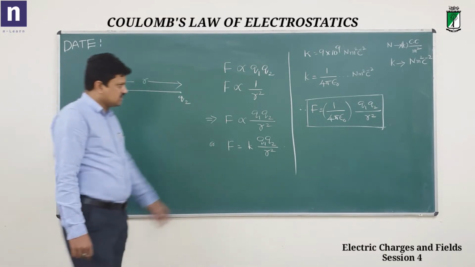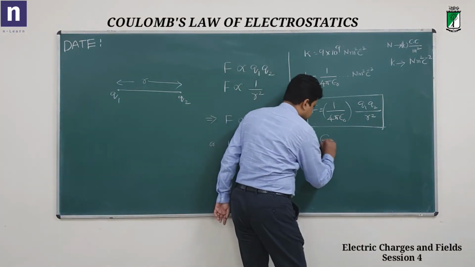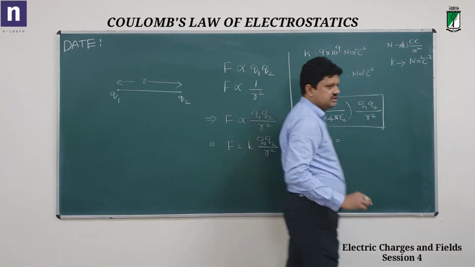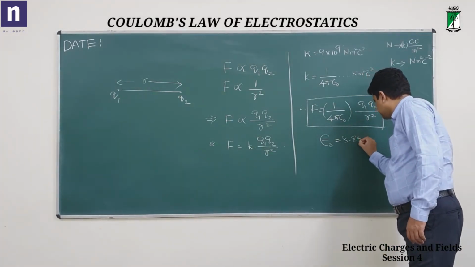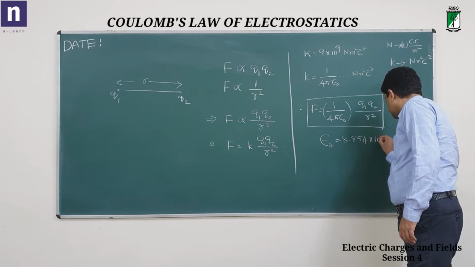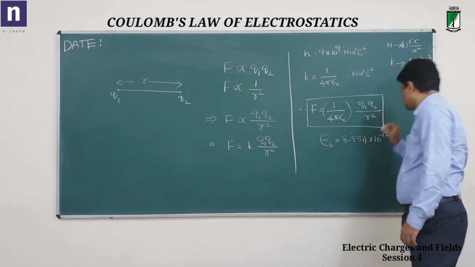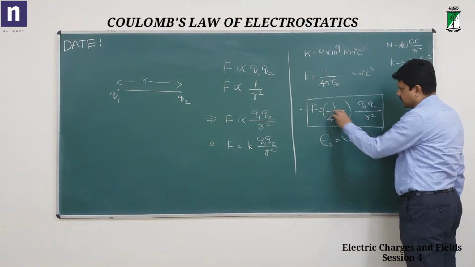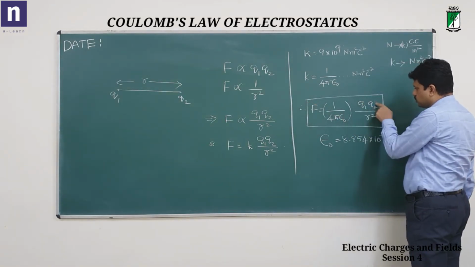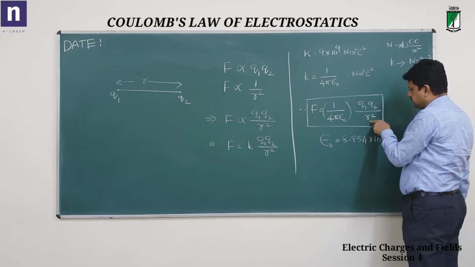Now you must be thinking, what is this epsilon naught here? Epsilon naught is equal to 8.854 into 10 to the power minus 12, and the unit you can tell me yourself. It's very easy. If I put epsilon here, F comes down here. So Coulomb square divided by Newton divided by meter square.